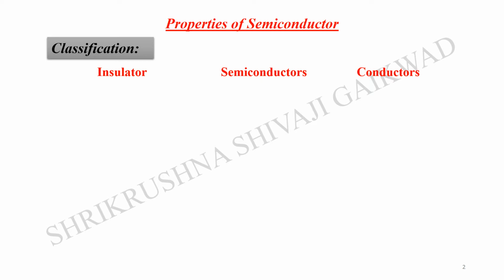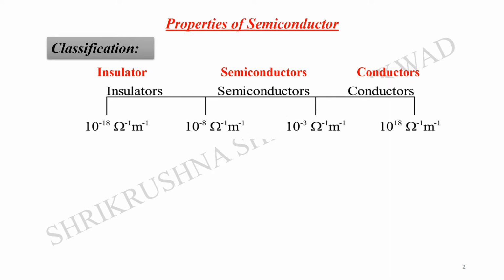Okay, now how are they classified? The first answer that comes to our mind is their electrical conductivity. Okay, so now here it comes how the resistivity or the conductivity of that material is varying, right?